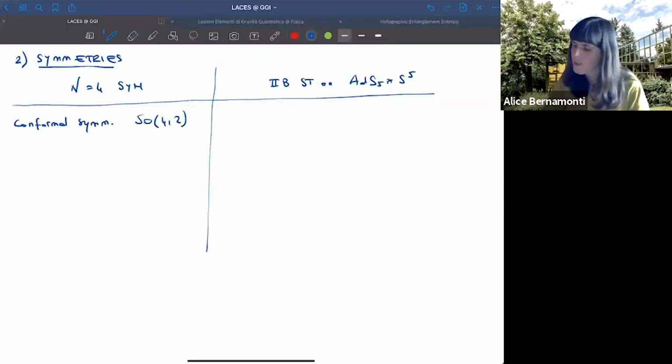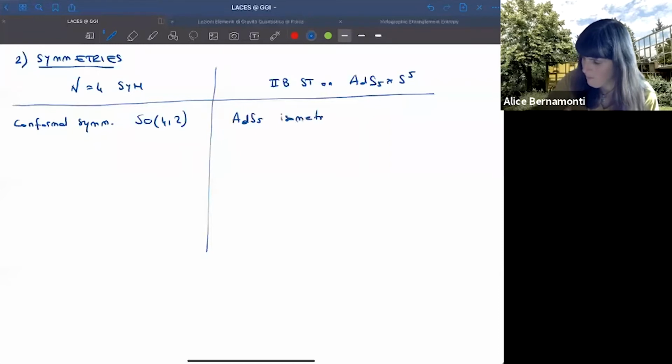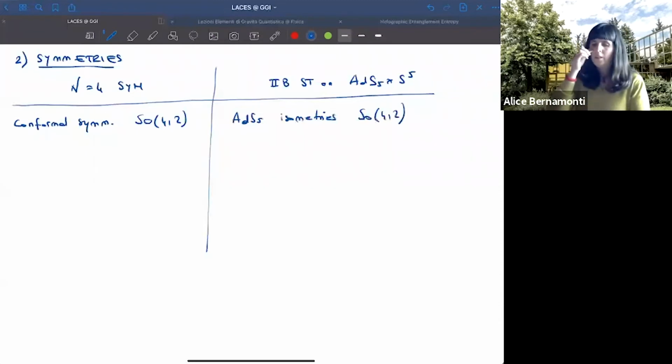And that we saw corresponds to the isometries of AdS5. And so since isometries are a subgroup of diffeomorphisms, these are local symmetries from the bulk point of view, which are related to a global symmetry on the boundary theory.